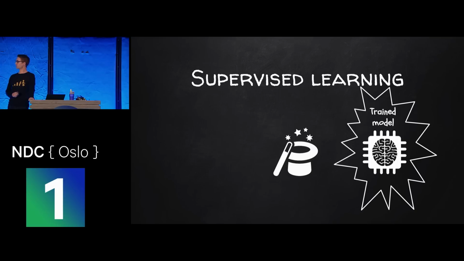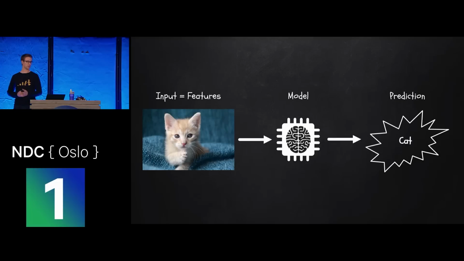And let's see what we can use this model for. We can give it an input, in this case, an input of a cat. Apparently, it was very easy to find an image of a cat online. Then we want the model to predict what kind of animal is on this picture.